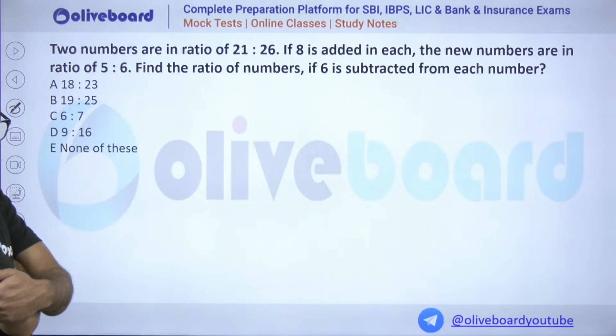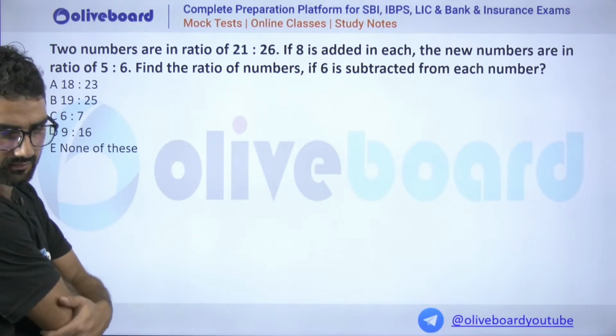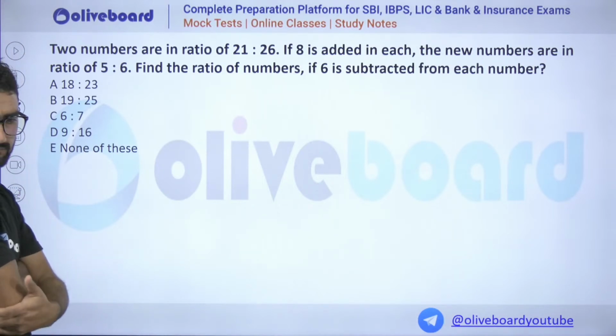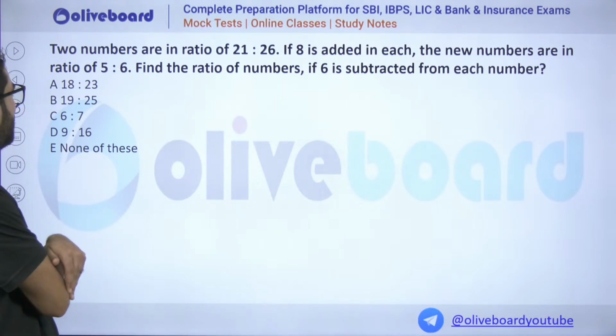Sir, it is 1623. Numbers will be 42, 52. Yeah, I got it. 18, okay. So 42, 52, okay.